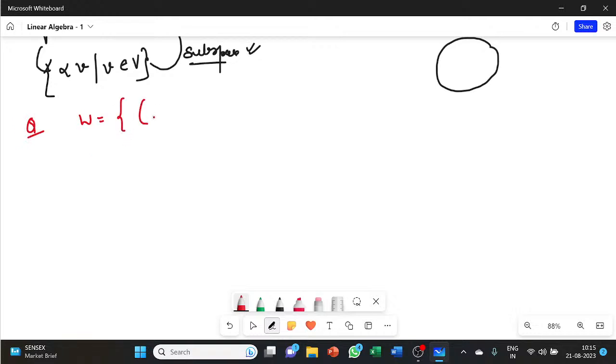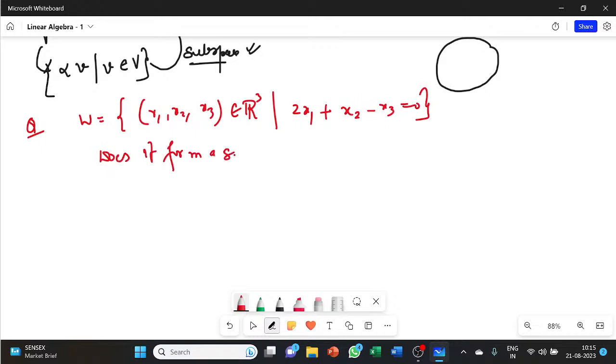Let us say this is your W1, which is the set of x1, x2, x3 belonging to R cube, such that 2x1 plus x2 minus x3 is equal to 0. Does it form a subspace of R cube?